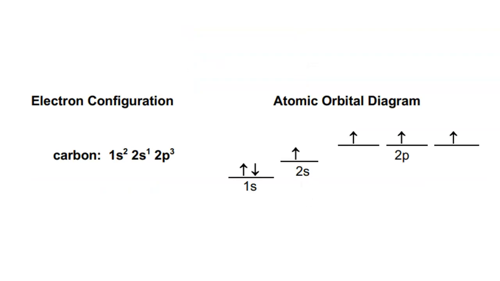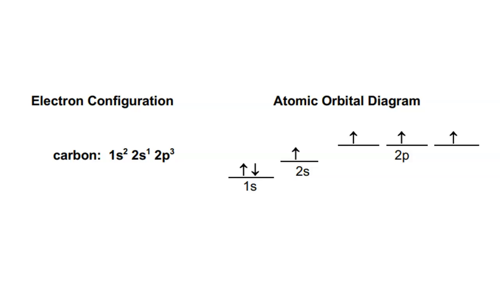But given this atomic orbital diagram, the carbon-hydrogen bonds should be different, because one forms from the overlap with the 2s orbital and the others with 2p orbitals.